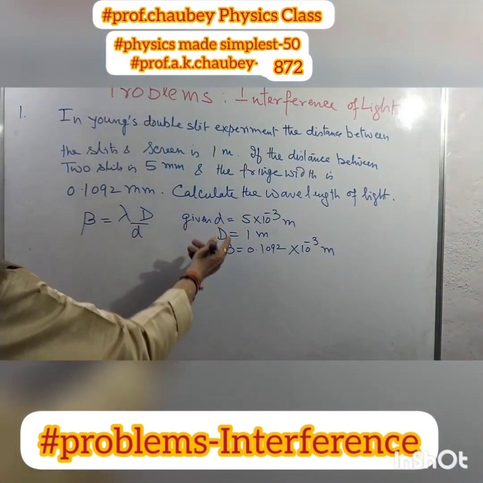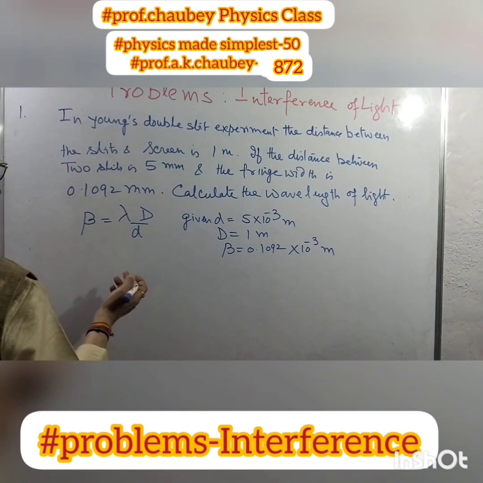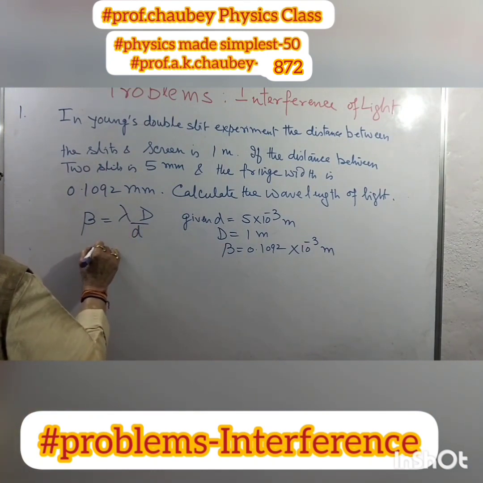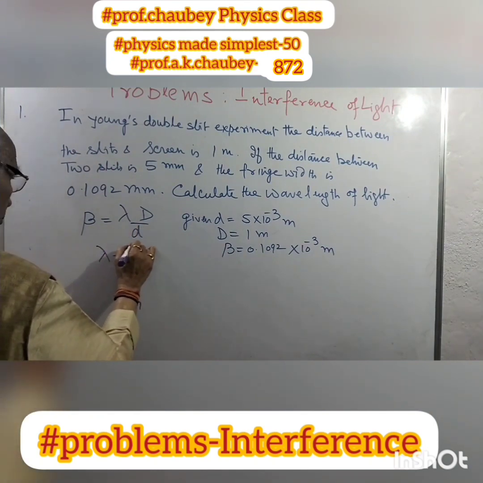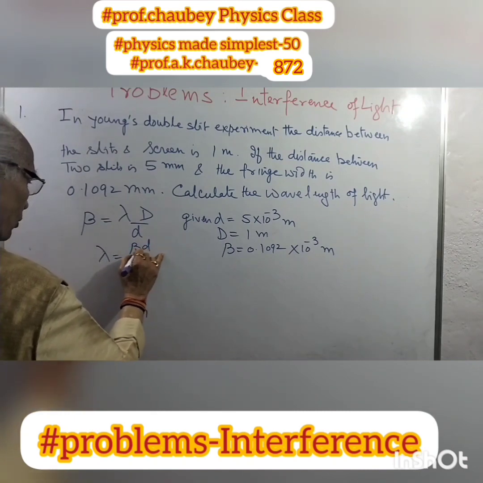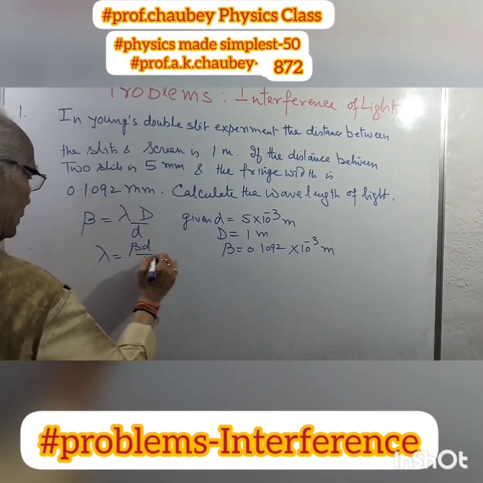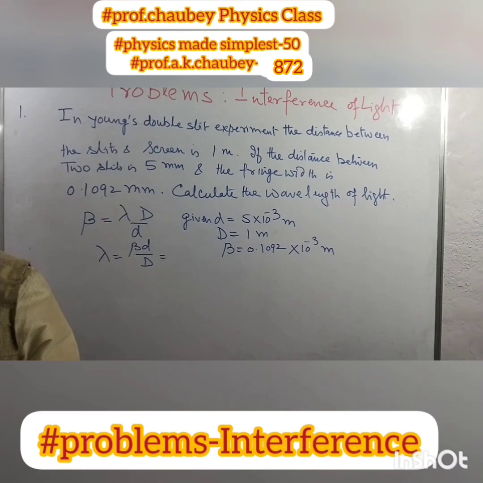Now all these parameters are known, so you can find lambda. Lambda is equal to beta d over capital D.